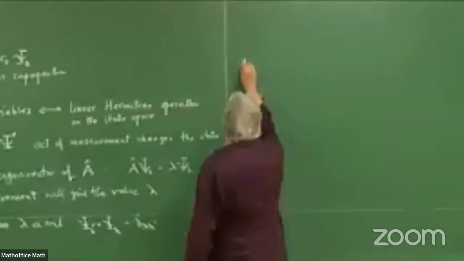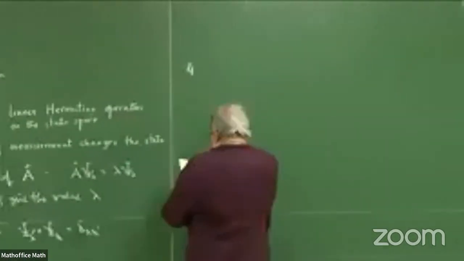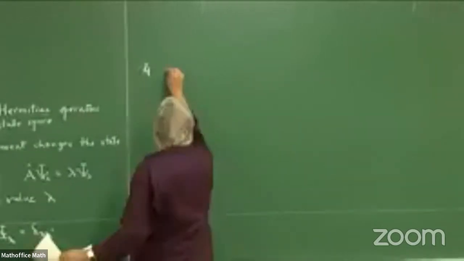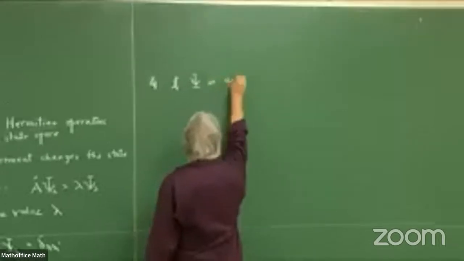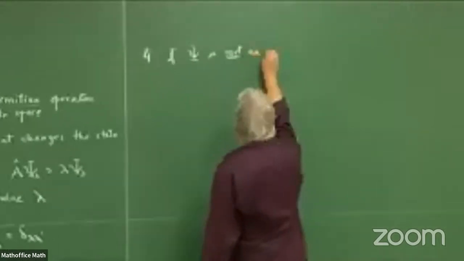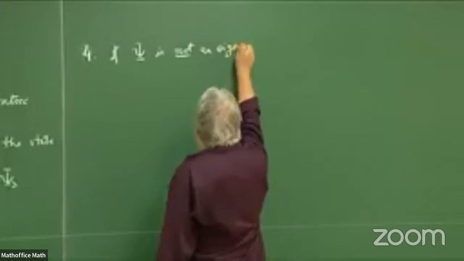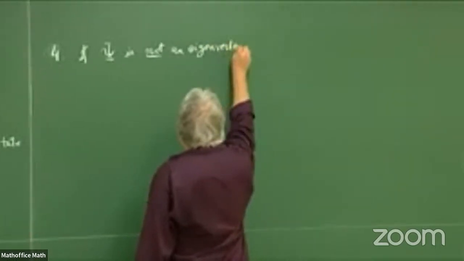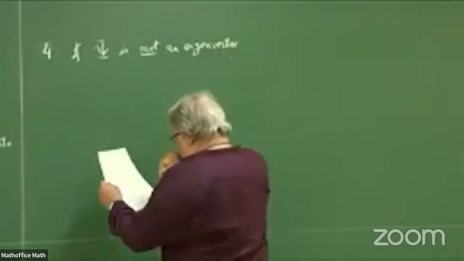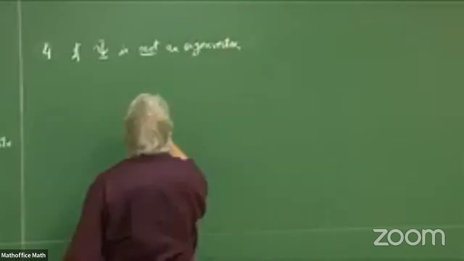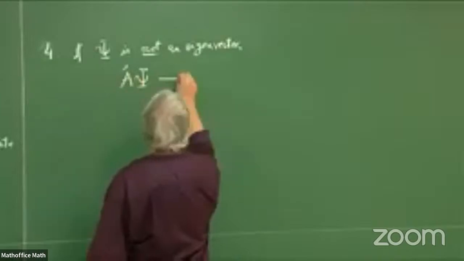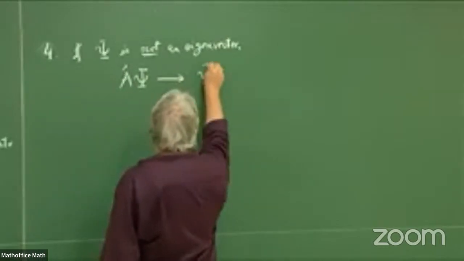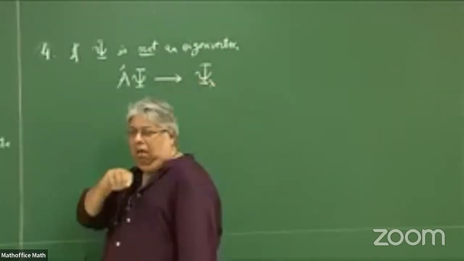So the fourth postulate is saying that if psi is not an eigenvector, then the measurement will force it to become an eigenvector.